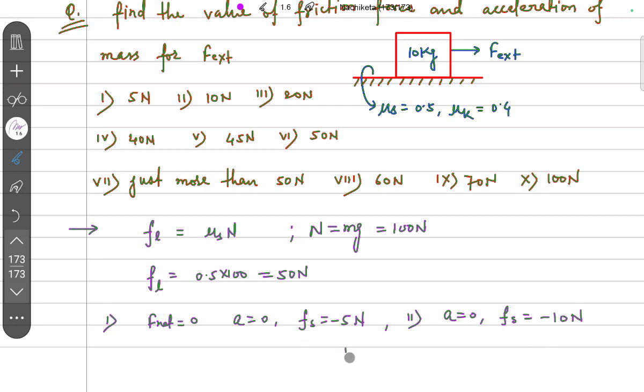In the third case it will adjust to 20 Newton. Similarly, here it will adjust to 40 Newton, here 45 Newton, here 50 Newton. But here it is just more than 50, so we will take the data as 50 only, but we will consider that now it is going to slide. Does it make sense?